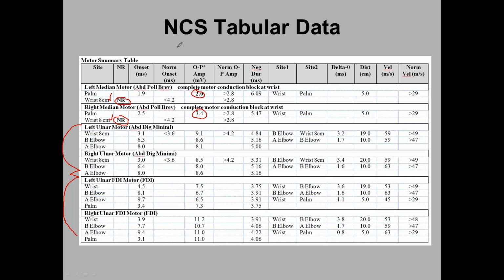And for me, what I would write is that second sentence. There is complete motor conduction block of both median nerves at the wrists with low amplitude distally on the left, period. The bilateral ulnar motor nerve conduction studies are within normal limits. Is that all right?